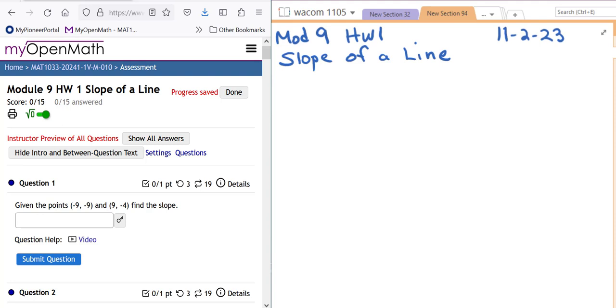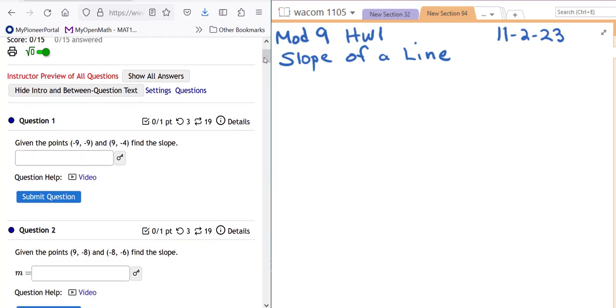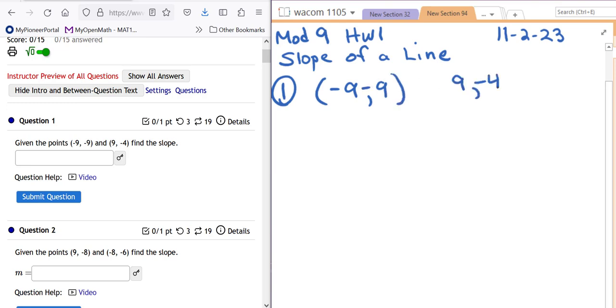All right, so the first one they're giving us is 2 points. So we are given (-9, -9) and (9, -4), and we're asked to find the slope.